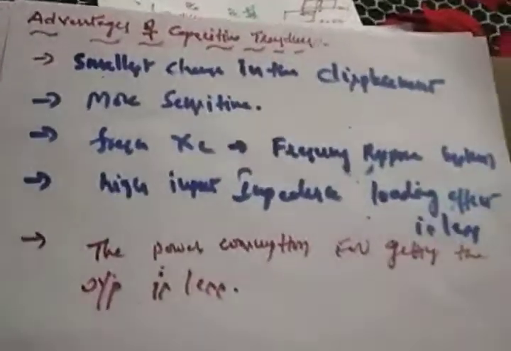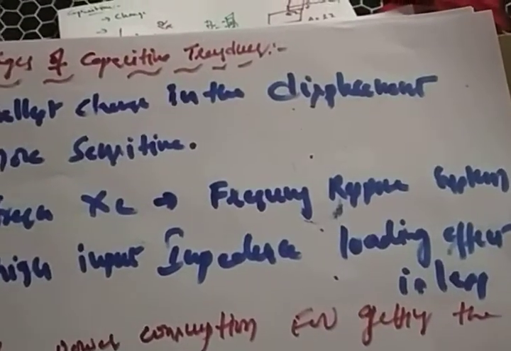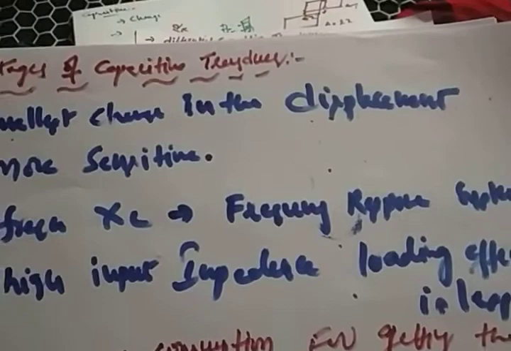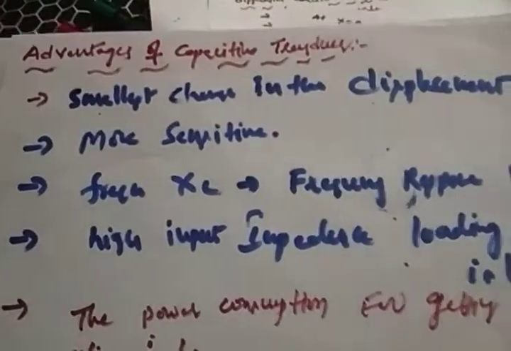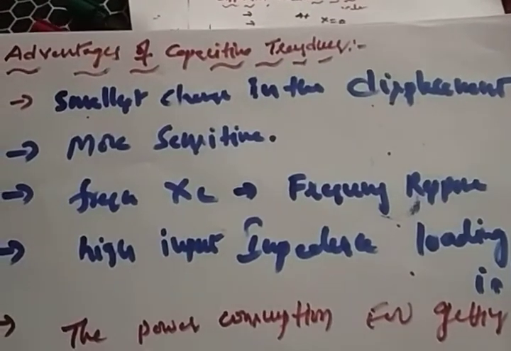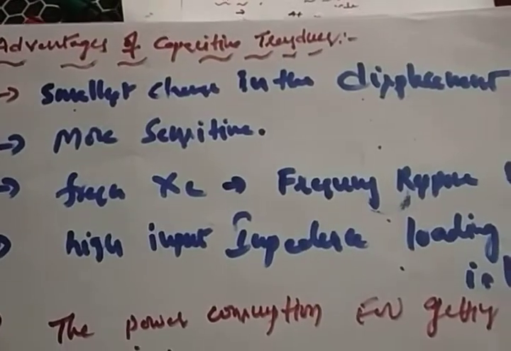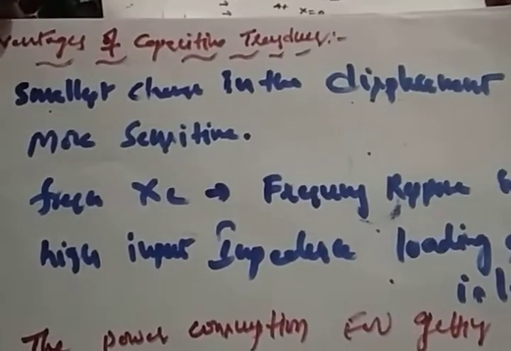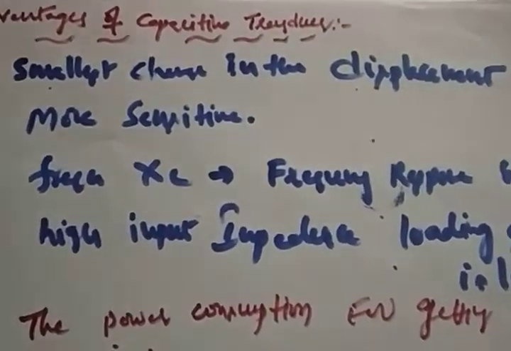So these are the advantages of the capacitive transducer. The first one is that a minute change in the displacement can easily be found with the help of this type of capacitive transducer. These capacitive transducers are more sensitive. And we have the frequency component, so we can definitely use these transducers for frequency response analysis systems. So, better than the inductive transducer.